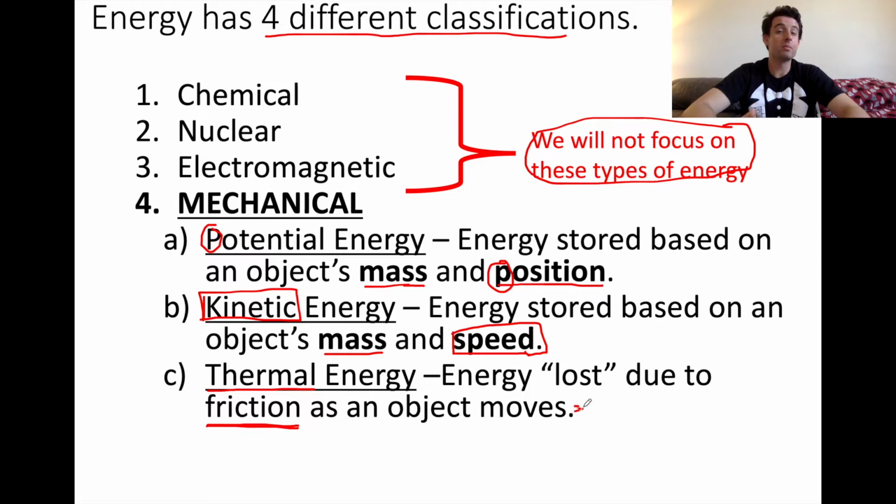A lot of times though, for the purposes of our class, we're going to ignore this thermal energy and we're just going to focus on the difference between potential and kinetic. So we'll call potential and kinetic scenarios where we're only working with those 2, basic. And then if we incorporate any thermal energy, we'll talk about those as complex systems. Sound good? So make sure you have a definition for potential, kinetic, and thermal energy, and then let's move on to the next slide.